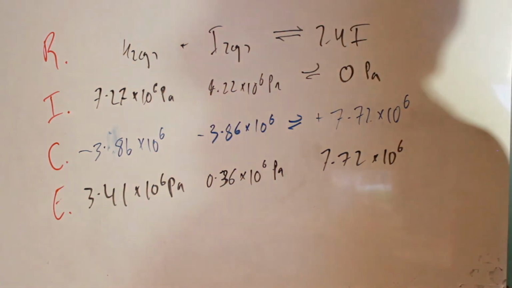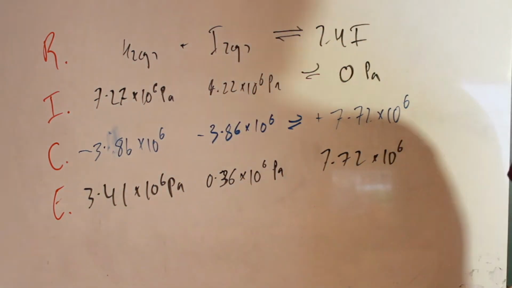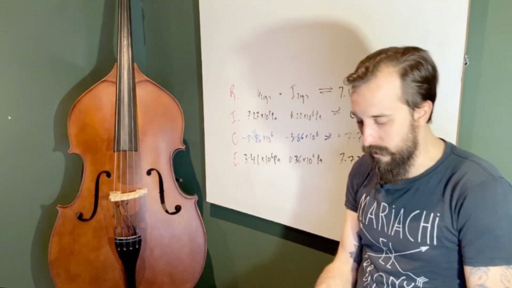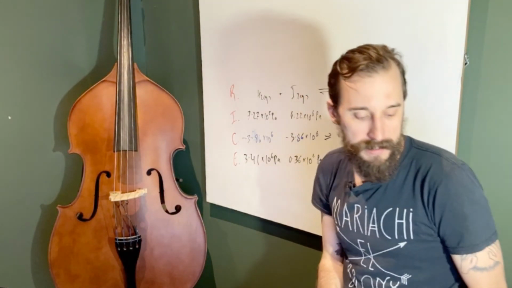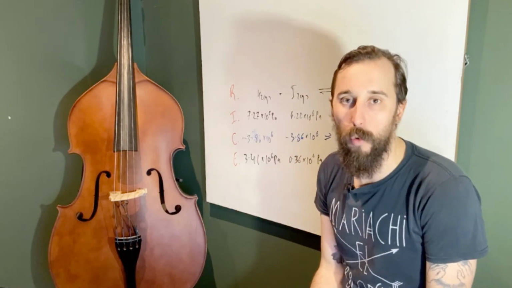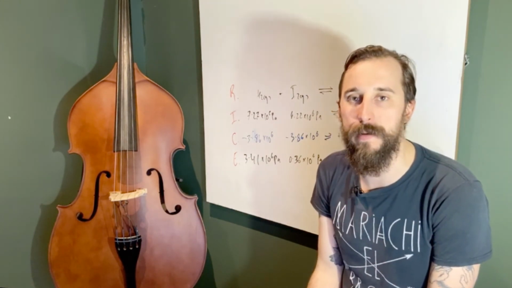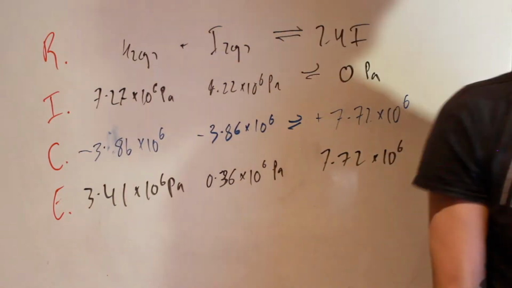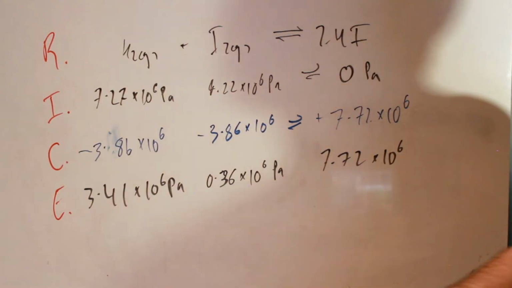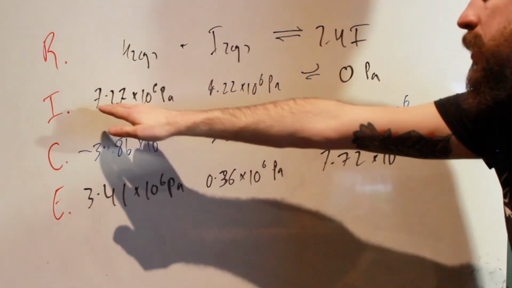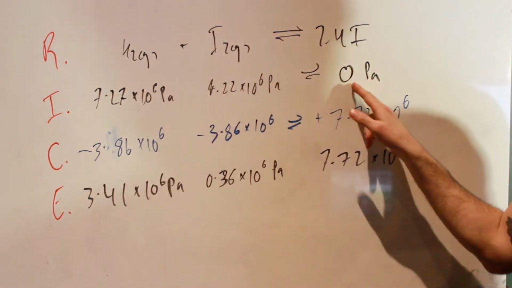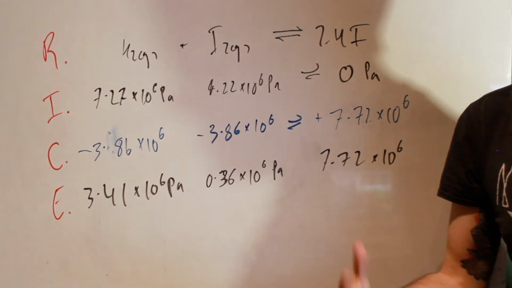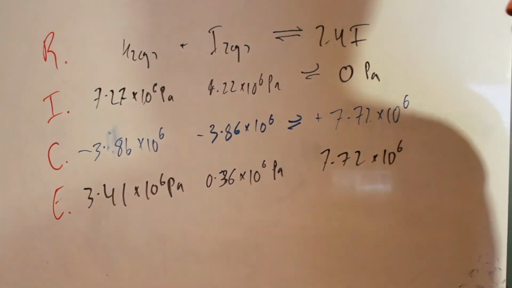There's in fact another way that we can consider this. We talked about the idea of partial pressures and total pressures, and we said that the total pressure of a system is simply adding all of the partial pressures of the system together. So if we look at the partial pressures at the initial, we have this and this and this. Now we've got conservation of matter. It's a closed system. None of our matter is going anywhere.